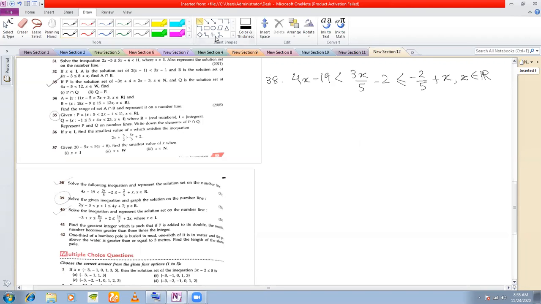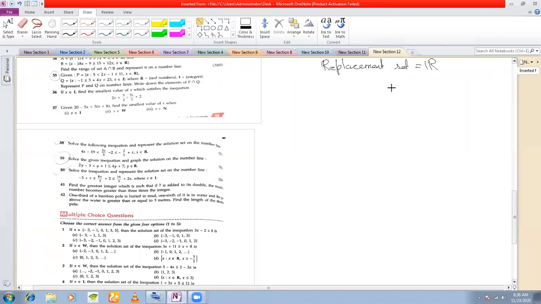So do we divide this into two? What is the replacement set? Let us take first note of the replacement set. Replacement set is the set of real numbers. Okay. Now this consists of two inequalities, so we'll divide this into two inequalities.